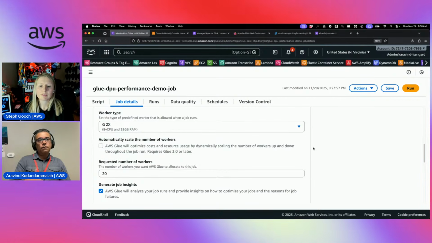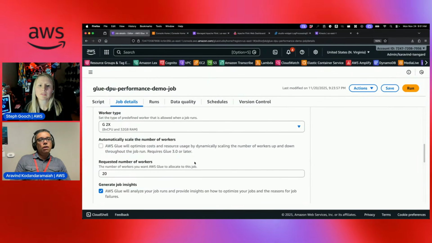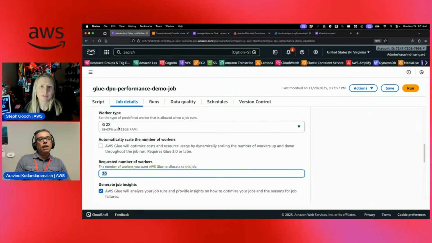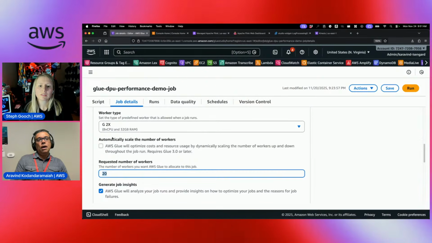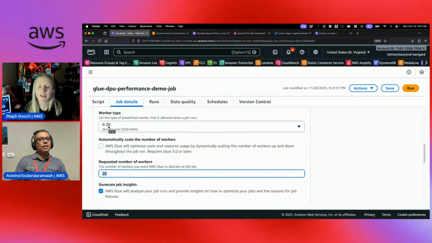So it is really important for you to understand your workload, what kind of transformations you're doing within your Glue scripts. And then you can take a call on how many such workers you really need, right? So in this case, if I say I need 20 workers, and the fact that you have G.2X essentially means that you're dealing with 2 times 20, which is 40 DPUs, the data processing units, right?